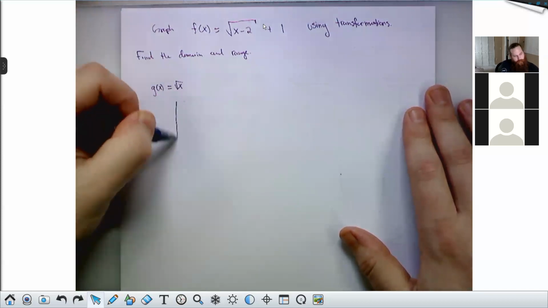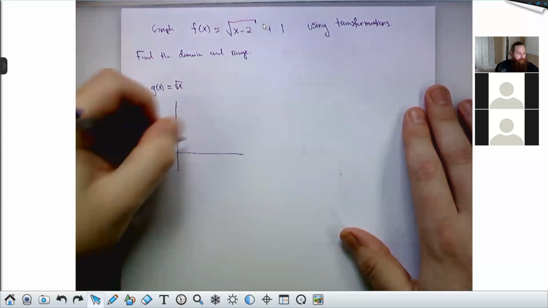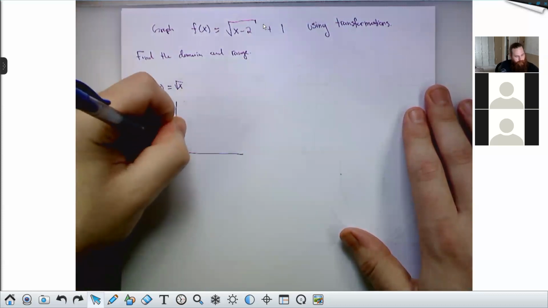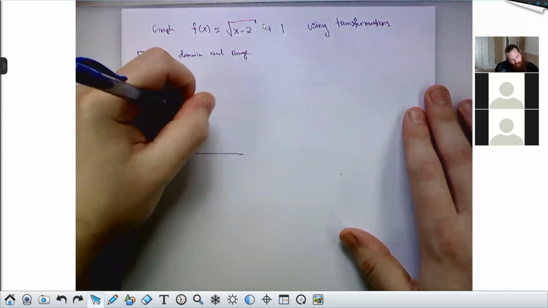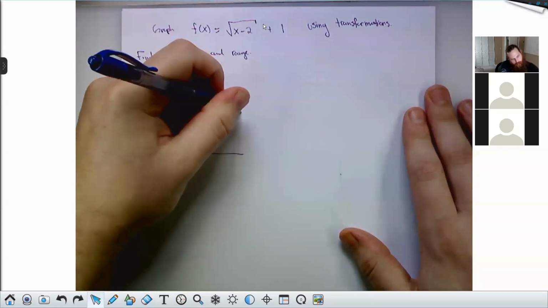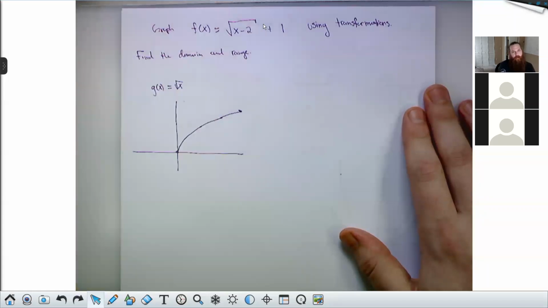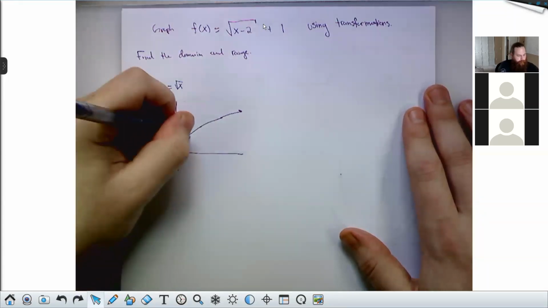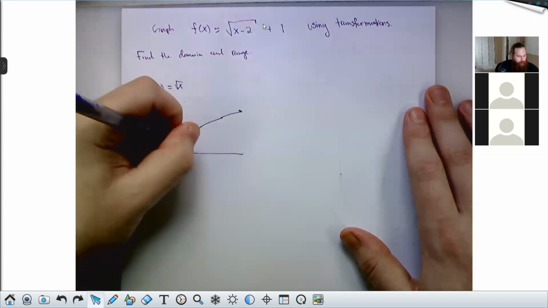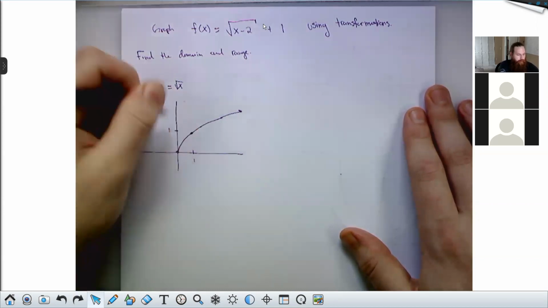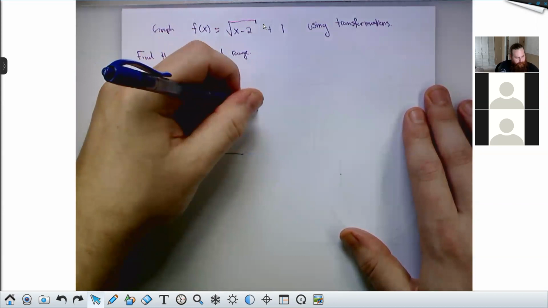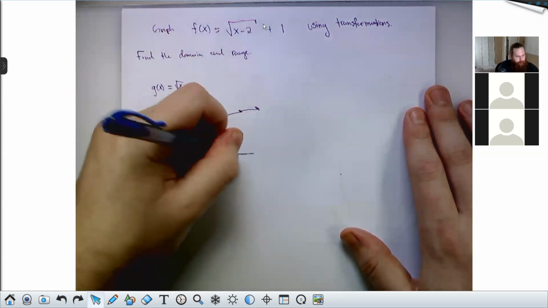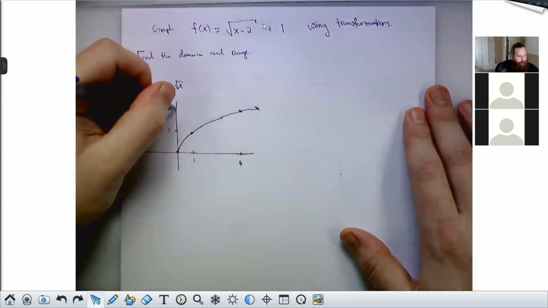What does that look like? Well, that looks like this. It's like half of this sideways parabola. You've got the point (1, 1). Far enough out here, you've got the point (4, 2).